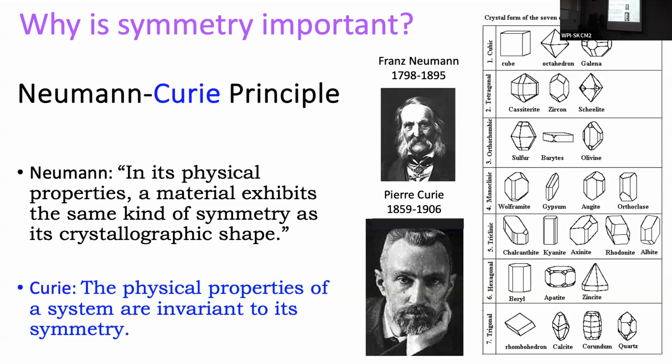He was talking mostly about refractivity. But Pierre Curie then generalized this to any kind of physical system, not just crystals. He said the physical properties of a system are invariant to its symmetries. And so there's a very strong connection between symmetry, in particular the absence of symmetry, and the physical properties that we can and cannot have.